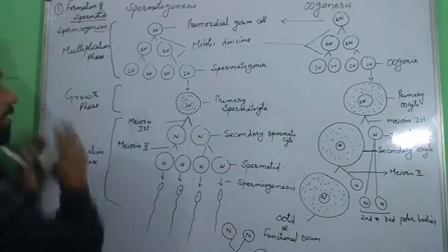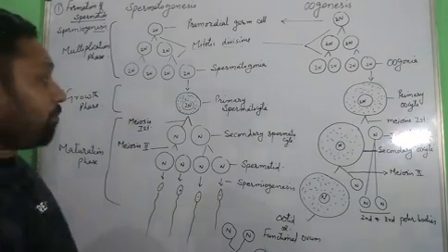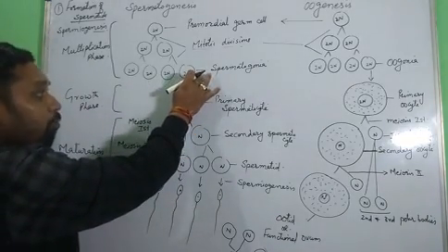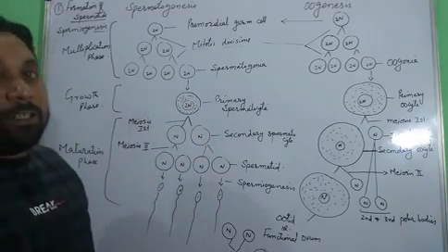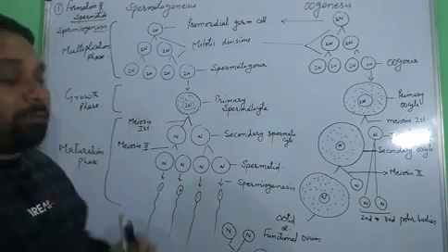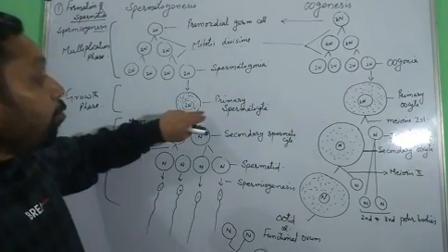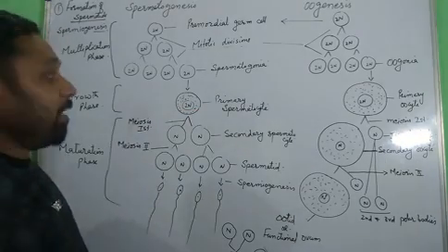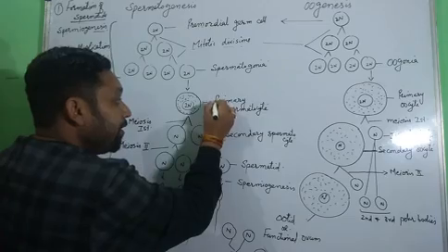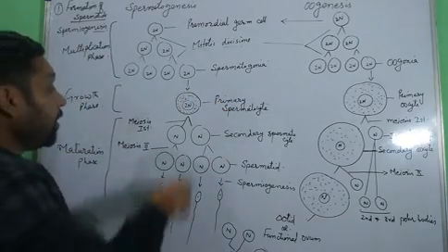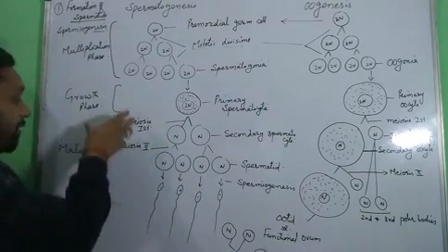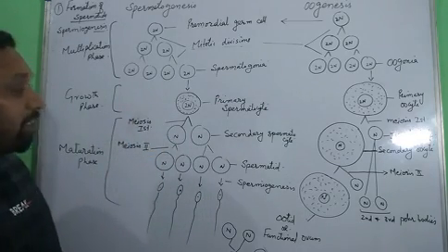Now the second phase, that is the growth phase. Here the spermatogonia start accumulating nutritive material from the surrounding environment and grow twice in size and are known as primary spermatocytes. Now the third phase, the maturation phase, starts.